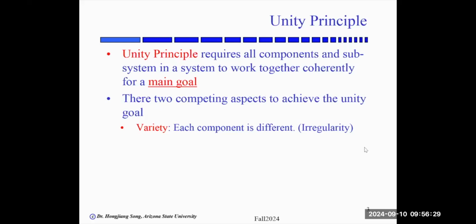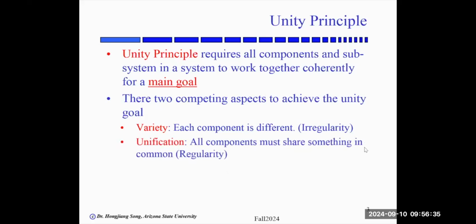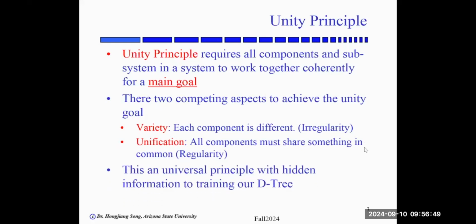For a stable system, the difference is to make the system stable. At the same time, in order for the system to be stable, we need some order. That means all the components need to share some common aspect. This is the regularity part of the unity. This is a universal principle with lots of hidden information that can be used to train all this design.